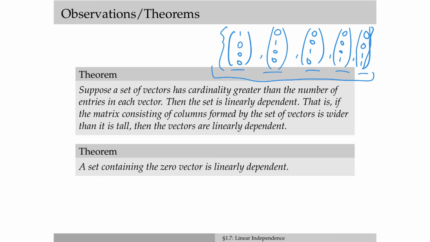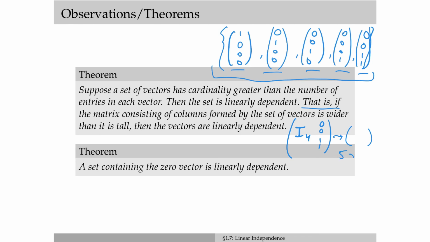Another way of thinking about this is this second clause. If the matrix consisting of the columns formed by this collection of vectors is wider than it is tall, then the vectors are dependent. So what I have here is basically the identity matrix with 0, 0, 1, 1, if you think about it. Well, that is going to be a wide matrix. How wide?